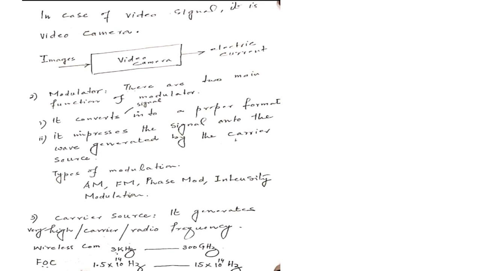And if we talk about the electromagnetic spectrum of the light wave in case of the fiber optic communication system, the frequency of the light wave ranges from 1.5 into 10 raised to power 14 hertz to 15 into 10 raised to power 14 hertz. So we are going to discuss the carrier source in case of the fiber optic communication system.